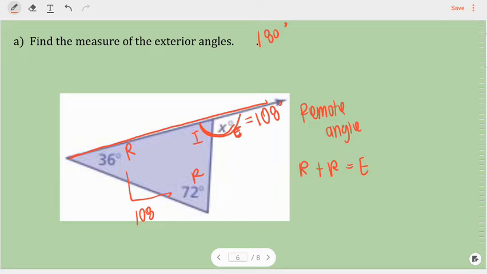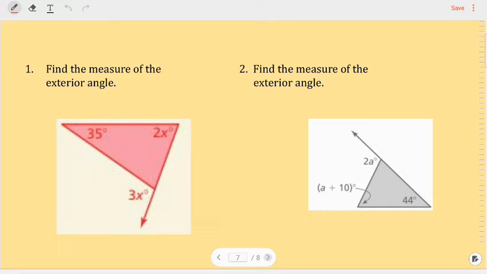Okay, so that's a review of where we were. Let's talk about where we're going. If I want to find the angle measure of this exterior angle, no longer can I just add these together and know what this inside angle is. I'm going to have to rely on my rule that says the remote angle plus the remote angle equals the exterior. So the first thing I always do is ask, where's the exterior angle?